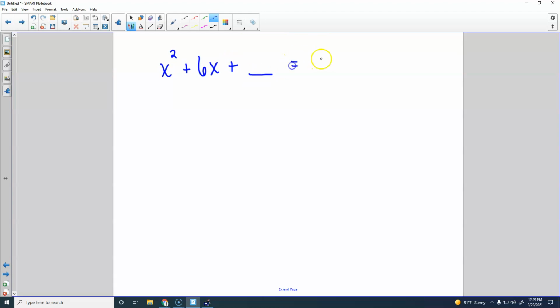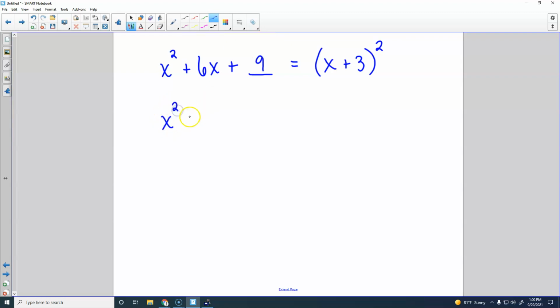If I want this to be a square, double, square problem, right? In fact, I'll go ahead and give you this. It's going to be x plus 3 squared, right, on this one. What number needs to be here? A 9, right?